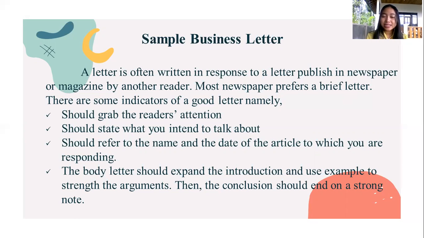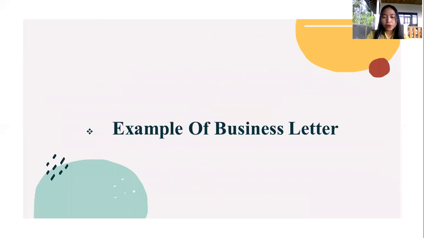And the last is that the body of the letter should expand the introduction and use examples to strengthen the argument, and then the conclusion should end on a strong note. It means that what you want to talk about should match with the introduction, the body, and also the conclusion of your letter. And I provide an example of a good business letter.